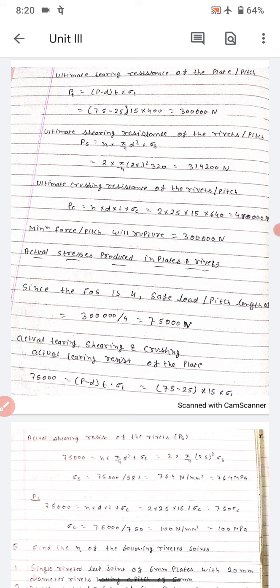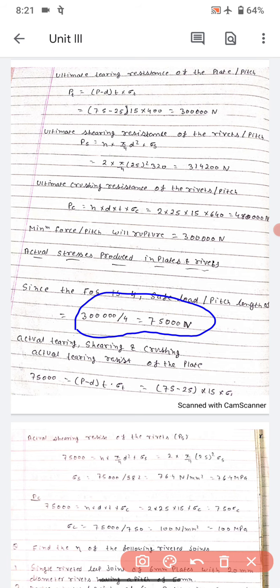Now the safe load will be 3 lakh divided by 4, that is 75,000 Newton. Okay, that is the safe load, and this is also the permissible value.